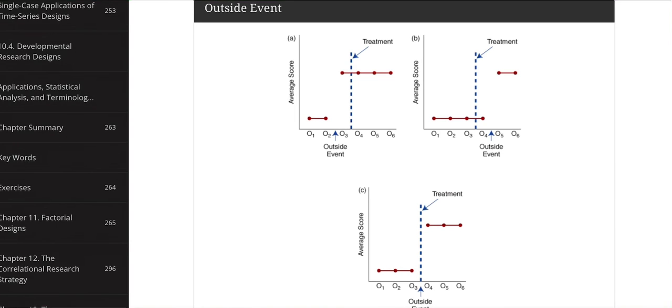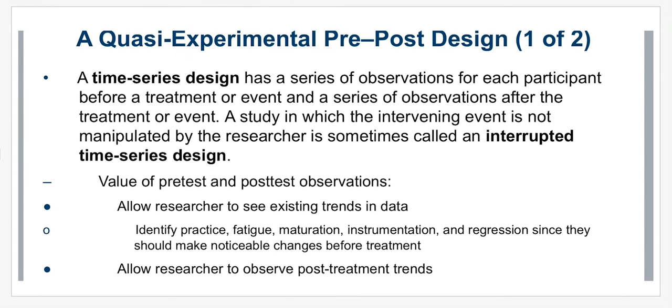And then after several days of gloomy weather, it was suddenly warm and sunny again the day they started their treatment. So there was no way for the researchers to know if that improvement in their depression scores was because the treatment was effective, or just because the weather was bright and sunny and everybody was feeling better and in a better mood. So those are things, again, that you have to be aware of when looking at these designs.